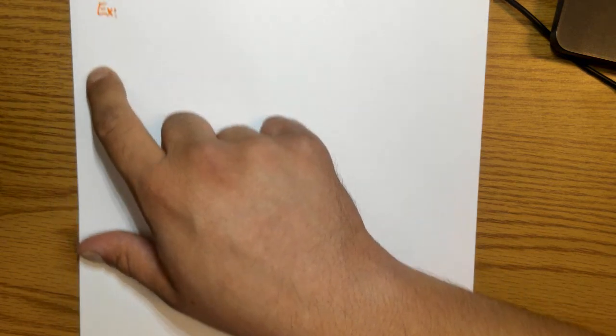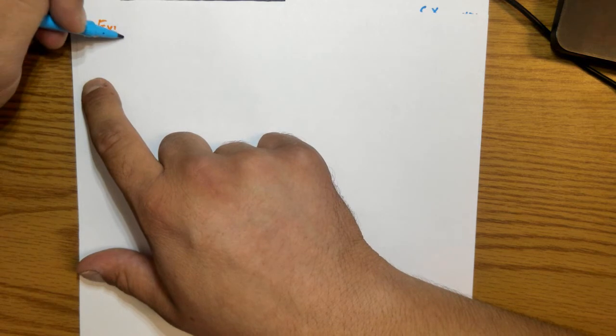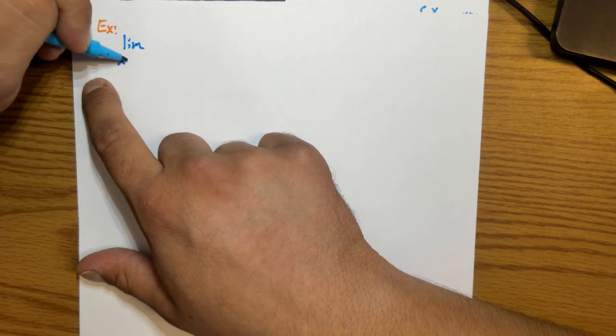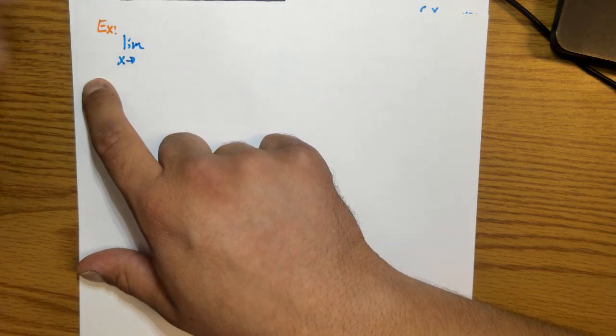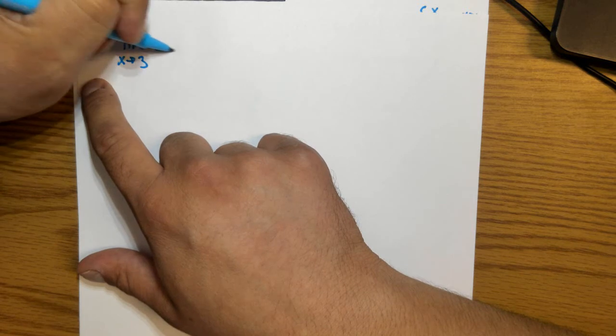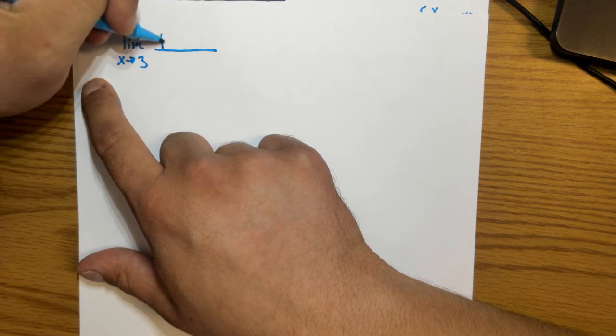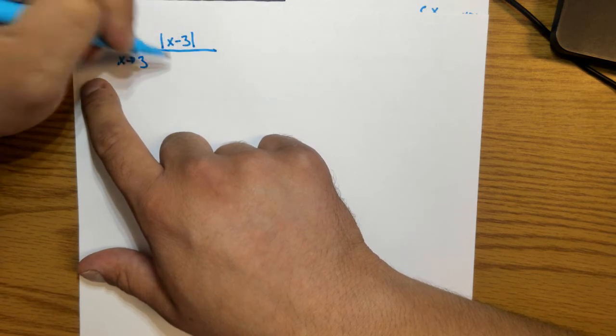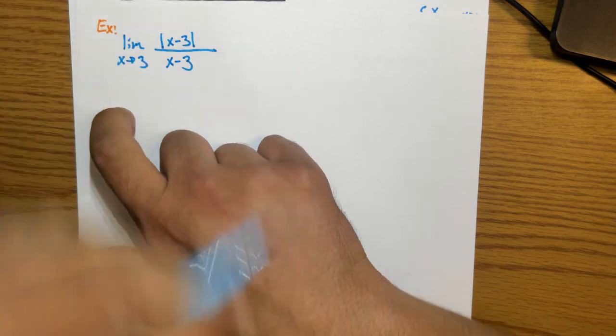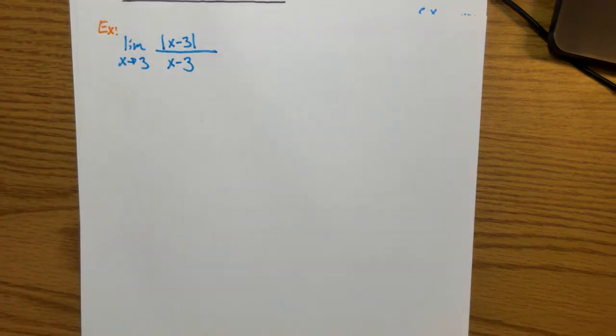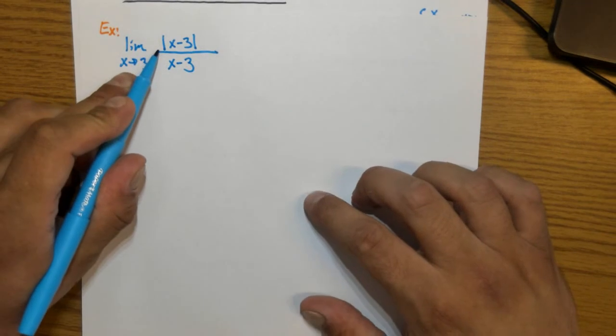So now let's say that I want the limit as x approaches 3 of the absolute value of x minus 3 divided by x minus 3. So now we have an absolute value function that's embedded within another function.